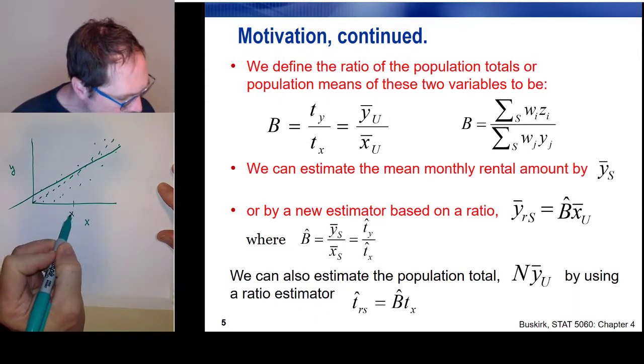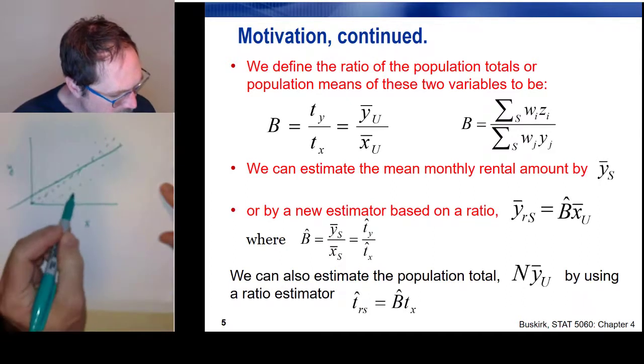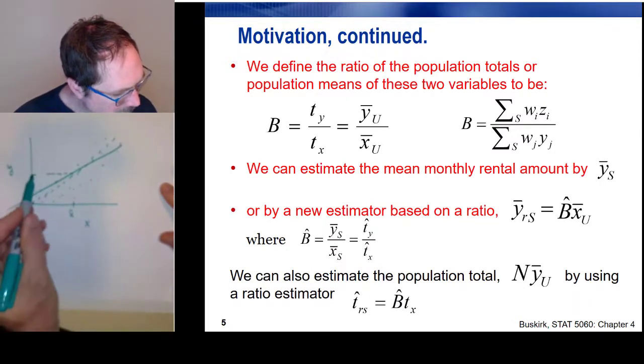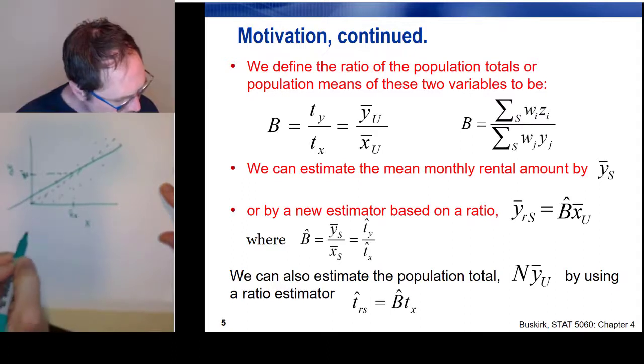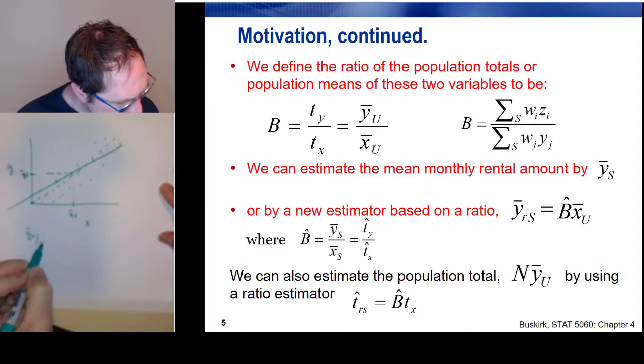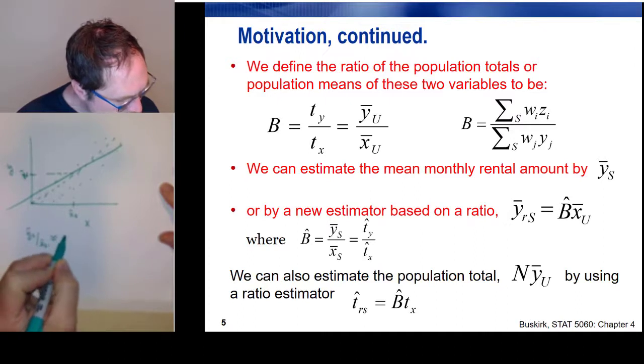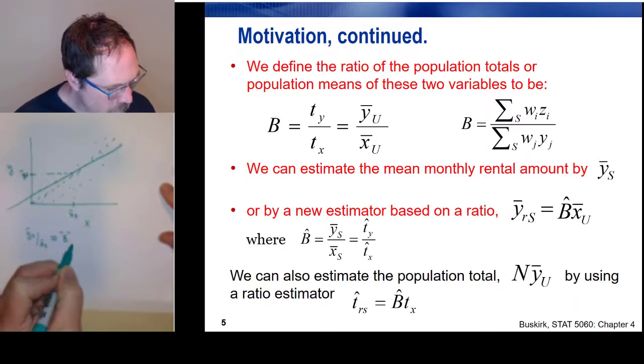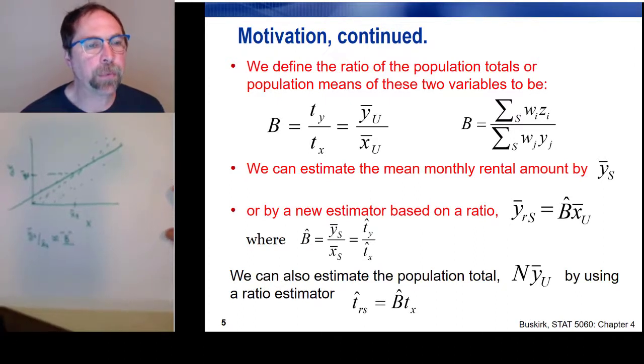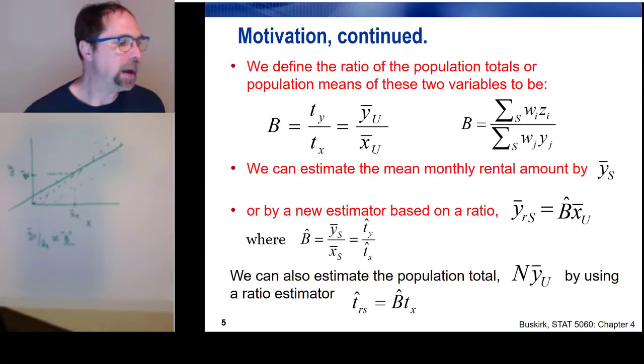And the x bar for that sample, if you project it up to the line, you're going to get the y bar sample, and the ratio of y bar S to x bar S is going to be approximately this true regression slope.